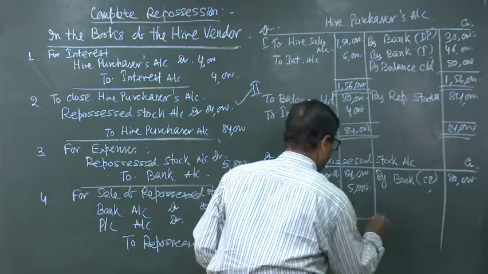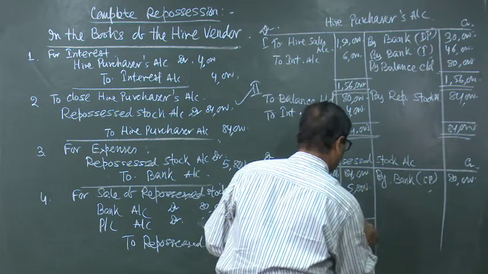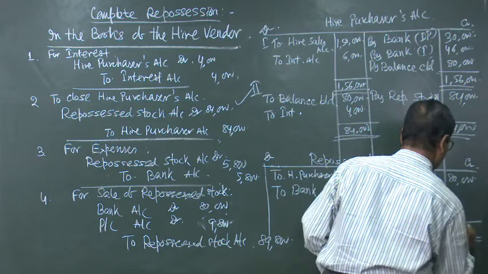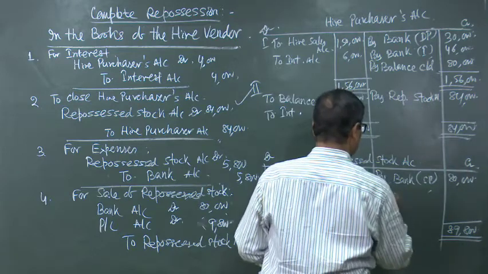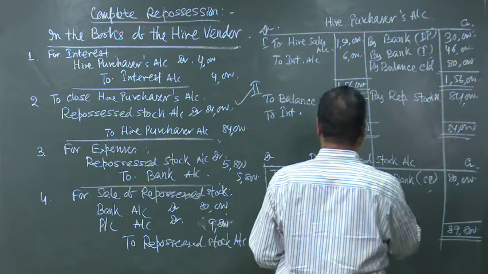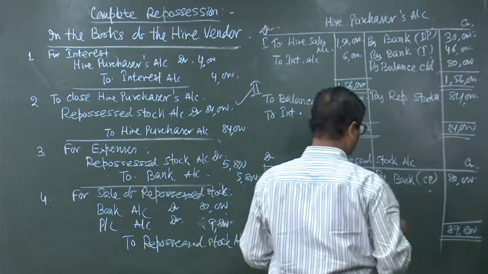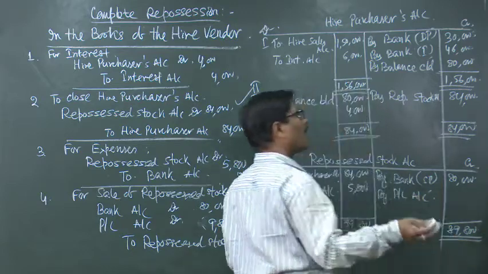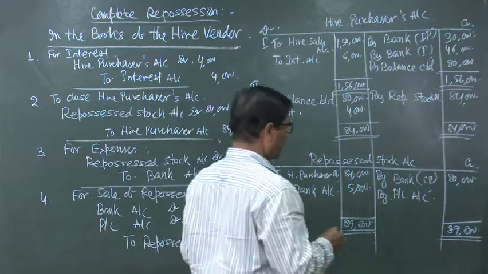So, which side is bigger? This side is bigger, 89,800. So, repossessed stock account is credited by profit and loss account, or profit and loss account debited to repossessed stock account, that is 9,800.